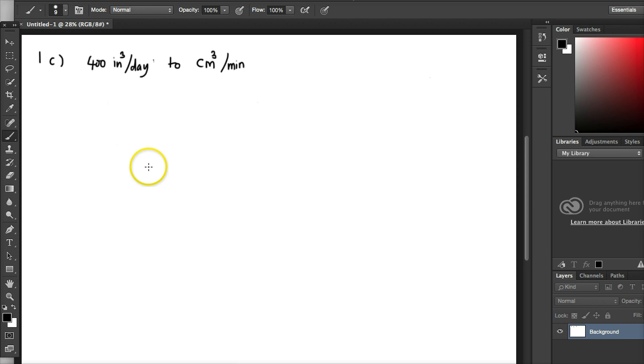For question 1C, it wants us to convert 400 cubic inch per day to centimeter cube per minute. So we still have volume and time. Also the conversion wants volume and time. So 400 inches cube per day.